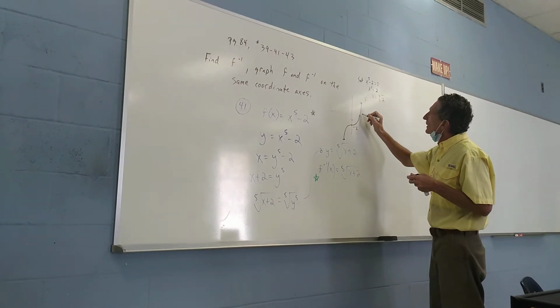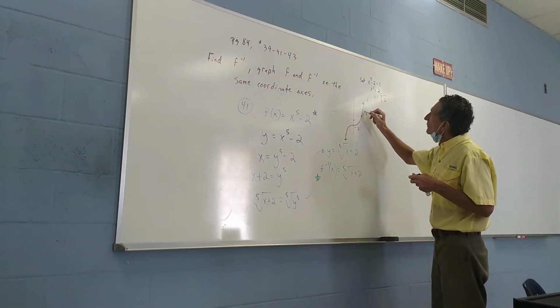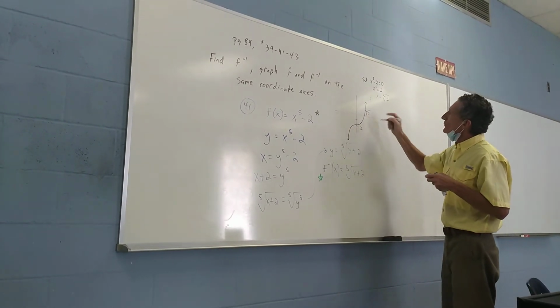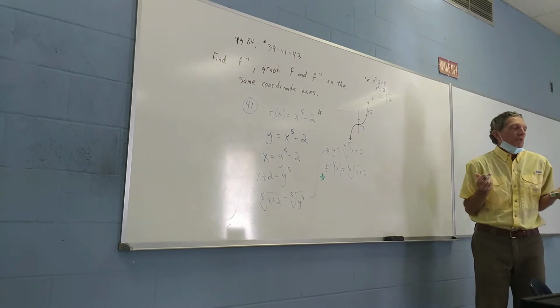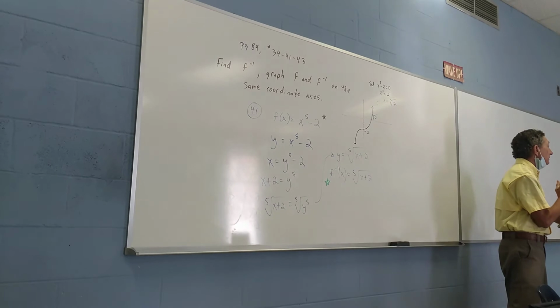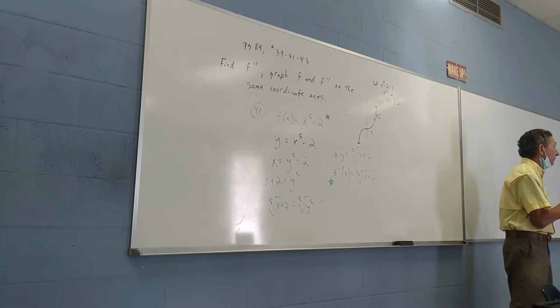So right there, I have 5th root of 2. It's an irrational number. It's 1 point something. I don't care. Exactly, it's 5th root of 2.